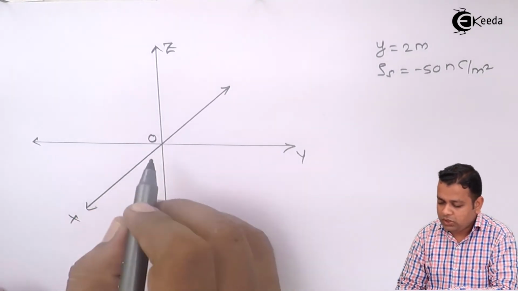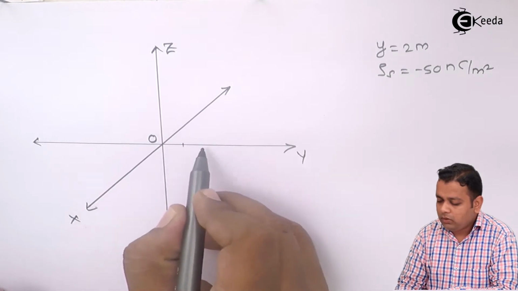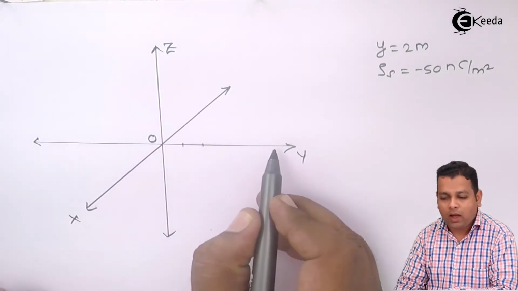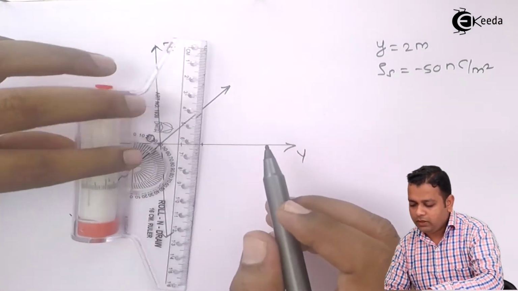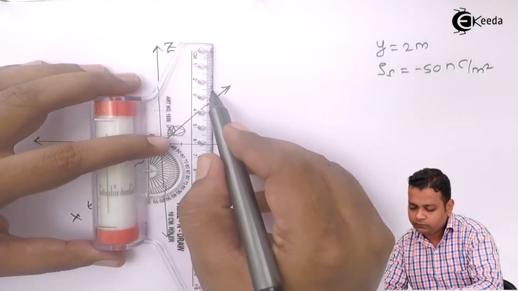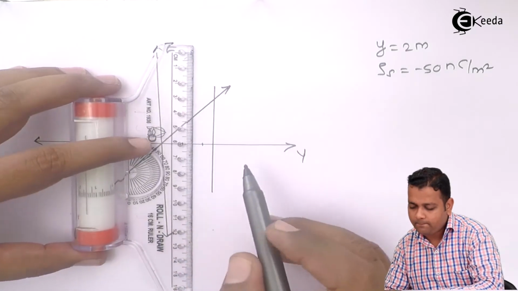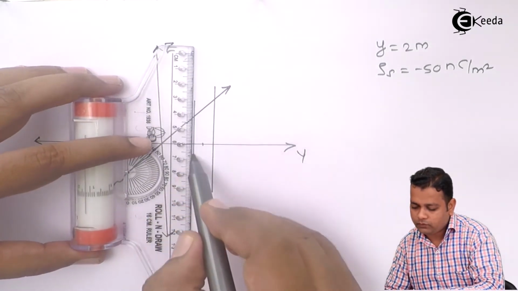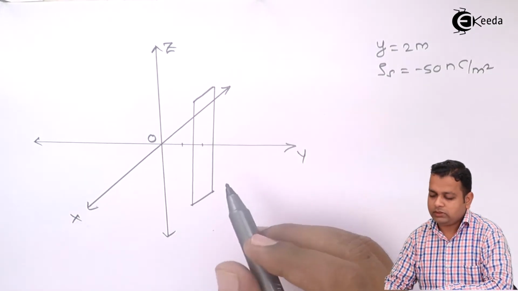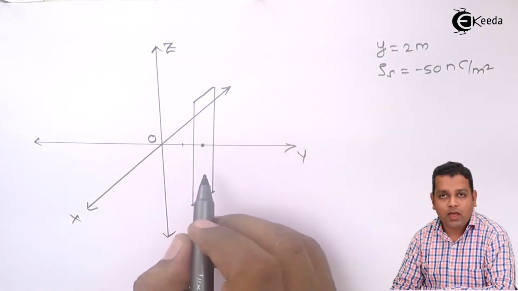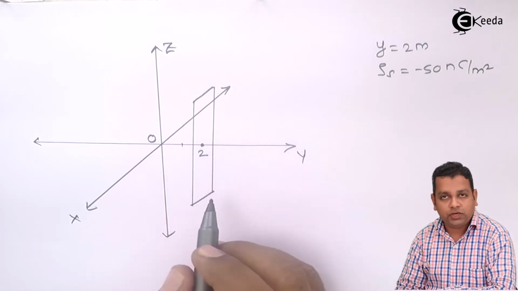Here is the origin. I mark 1 and 2 units on the y-axis. So I consider such a plane and show it here. This plane is supposed to intersect the y-axis at 2 units.